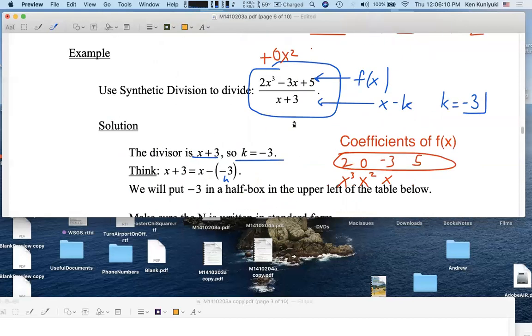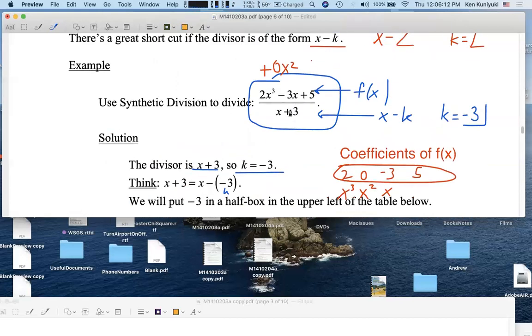Okay, so when I divide the top polynomial by the bottom polynomial, first of all, look at it this way. Think in terms of degrees. We're dividing a third degree polynomial by a first degree polynomial. What degree will the result be? I'll give you a hint here.